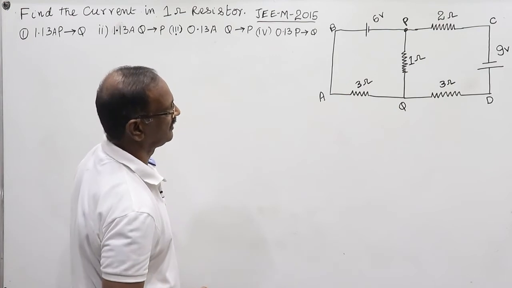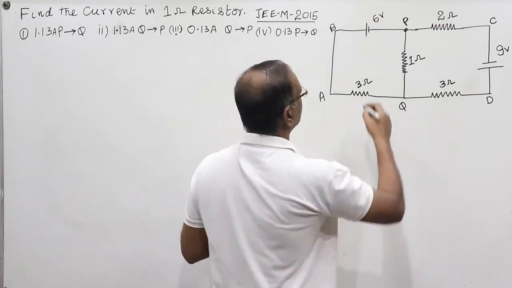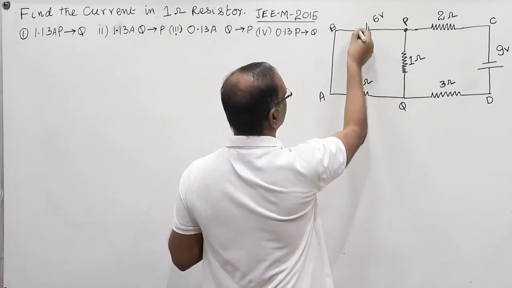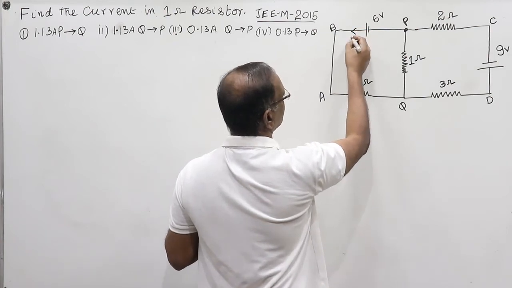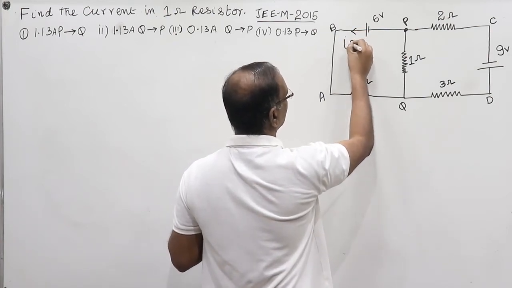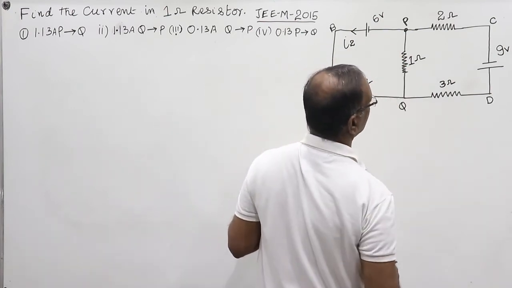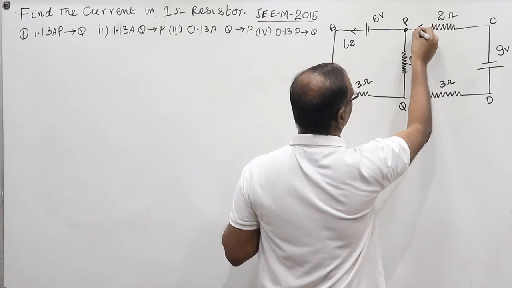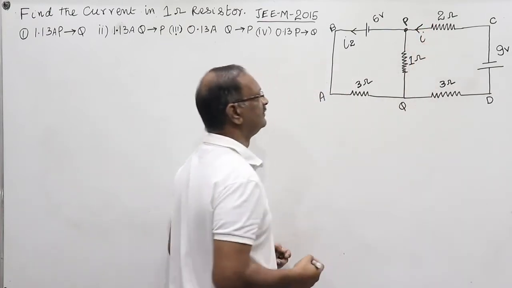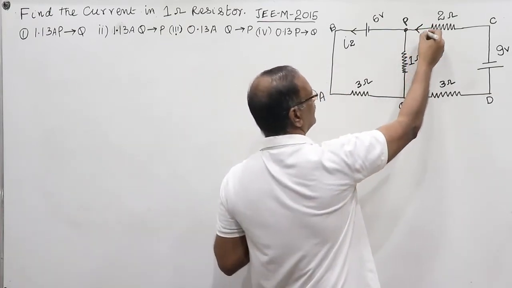So first we can find out. We assume the current direction. This one is I2, so current is flowing this way. This is only an assumption, it is not exactly the direction of the current.